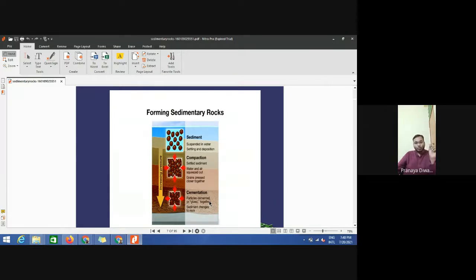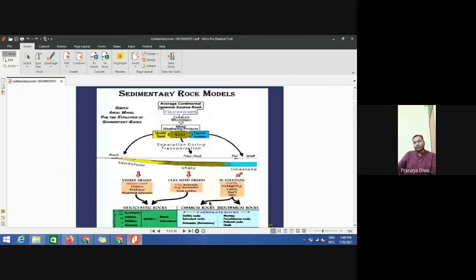When you have two different kinds of rocks, two sediments, those two sediments need to be joined, and they are joined by your cement. So you have a sedimentary rock model.